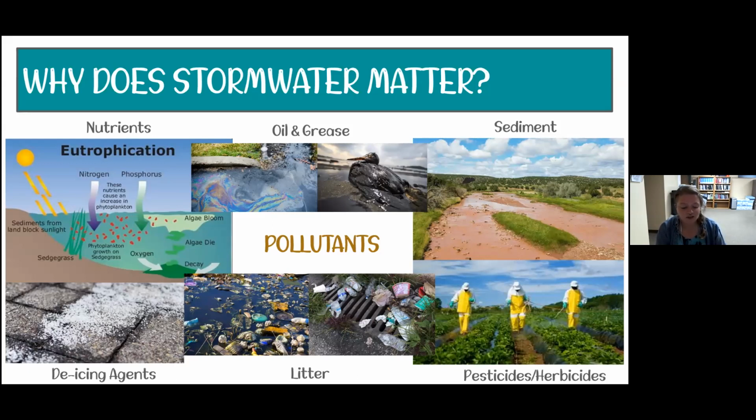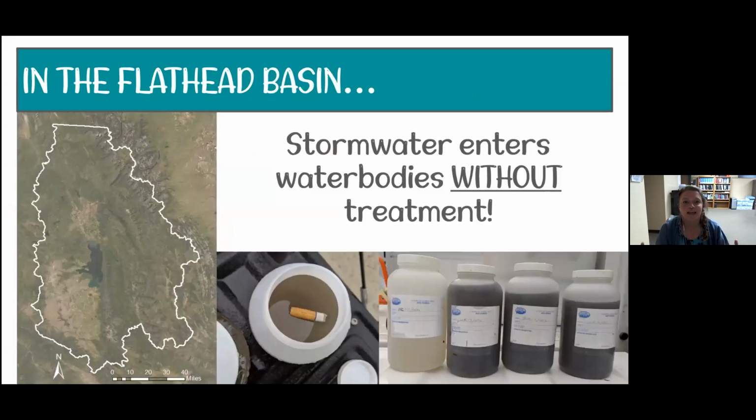And the answer there is where we're going to bring it really close to home. So in our neighborhoods here in the Flathead Valley. So here in almost every city and town in the Flathead Basin, the stormwater and any of the pollutants that it may have picked up along the way are draining directly into our water bodies without being treated at a wastewater treatment plant.